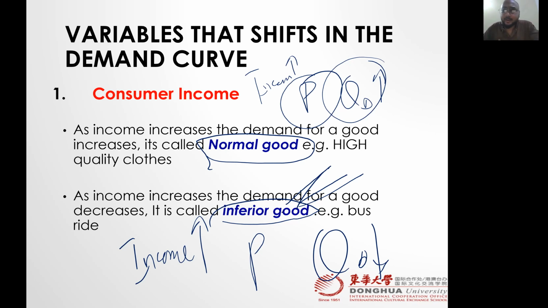This is how economics calls them inferior. For example, street food: if your income rises, you want to eat in a restaurant, you care about cleaner, more health oriented food, right? So demand for street food decreases when your income rises. So street food is an inferior good.